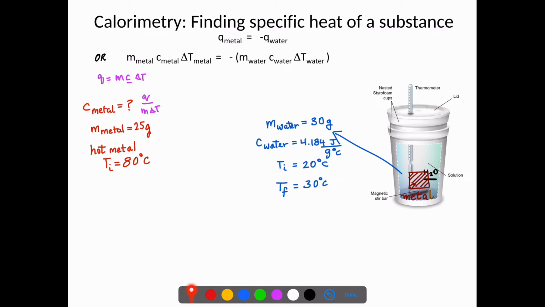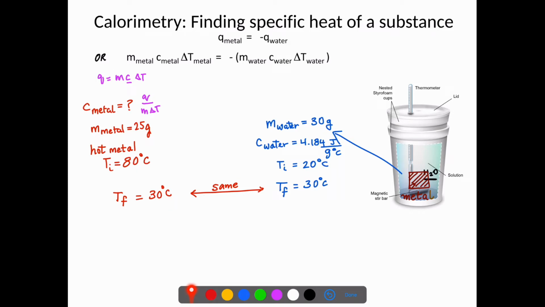Think about it. The metal and the water are in contact, so they should have reached the same temperature. There should be a thermal equilibrium, meaning they both should be at the same final temperature. So the final temperature of water is also the final temperature of the metal.